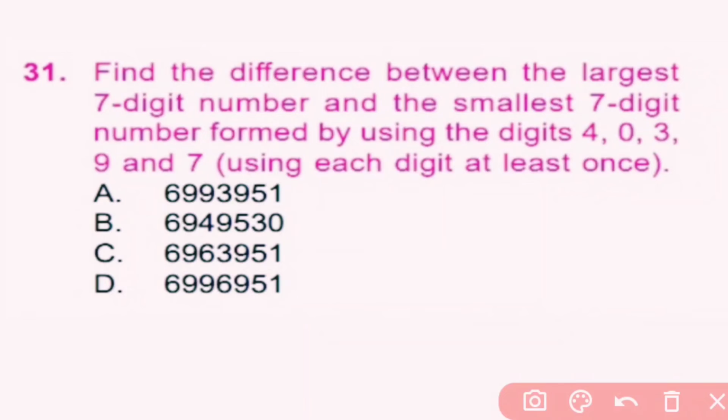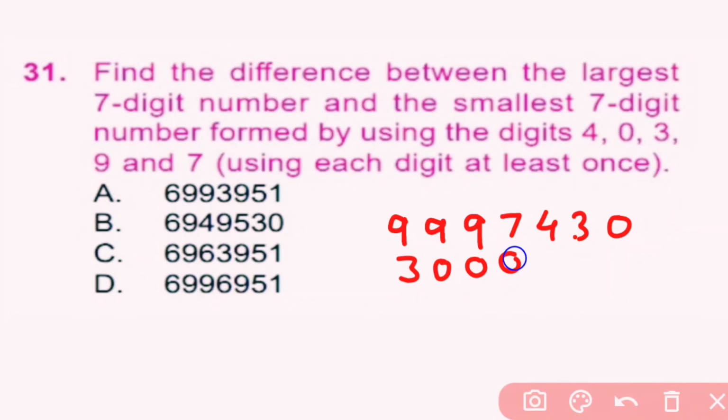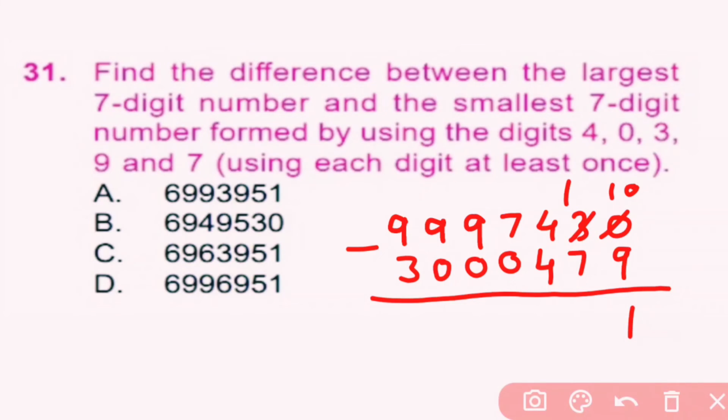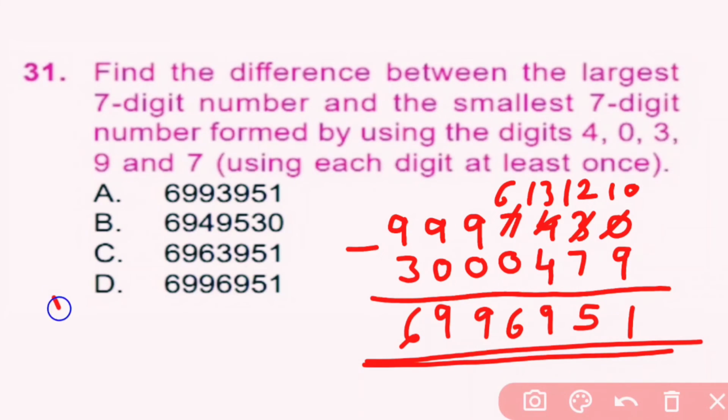Using 4, 0, 3, 9 and 7, the largest 7-digit number will be 9997430, and the smallest 7-digit number will be 3000479, and their difference will be: 10 minus 9 is 1, 12 minus 7 is 5, 13 minus 4 is 9, 6 minus 0 is 6, 9 minus 0 is 9, 9 minus 0 is 9, and 9 minus 3 is 6. Here D is the correct answer.